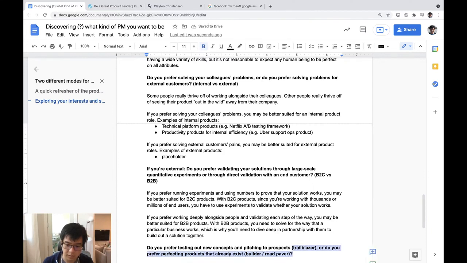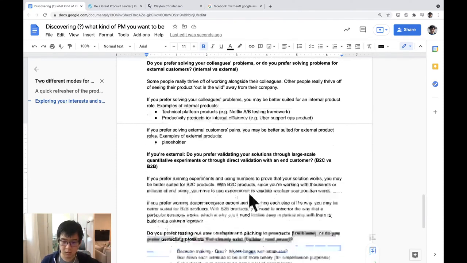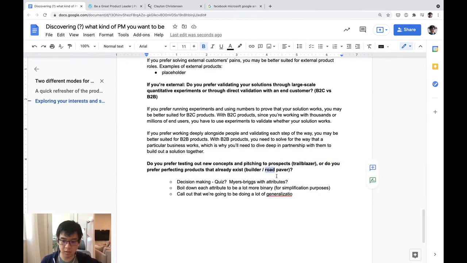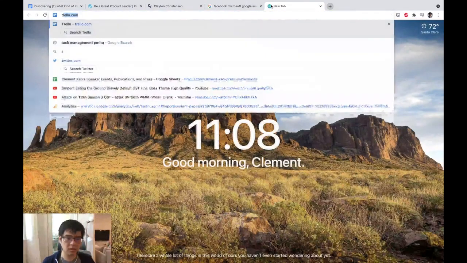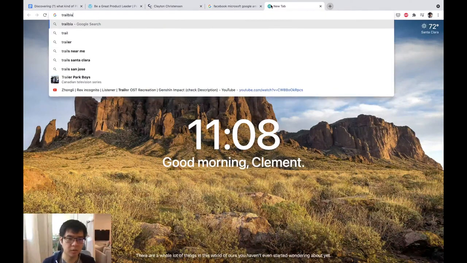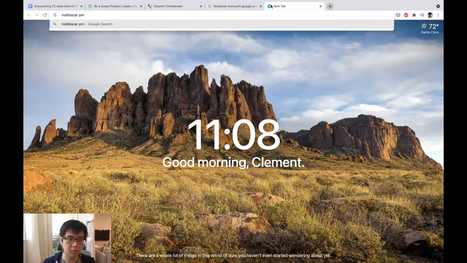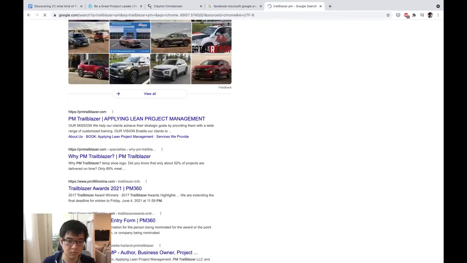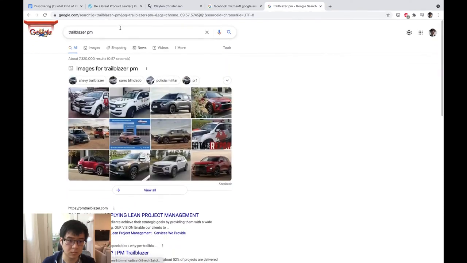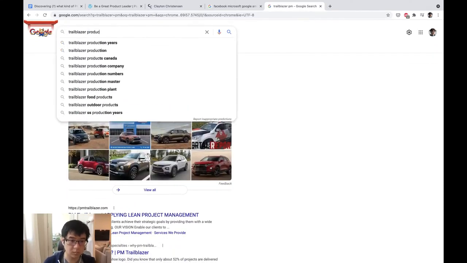The reason why I'm slowing down here a little bit is that I know that there are some concepts of trailblazers versus road pavers. And so what is that, trailblazer PM, product manager?